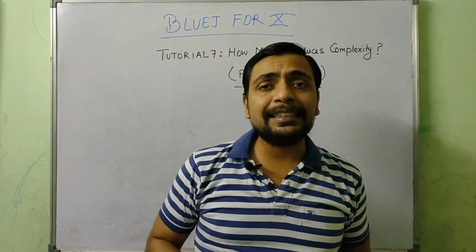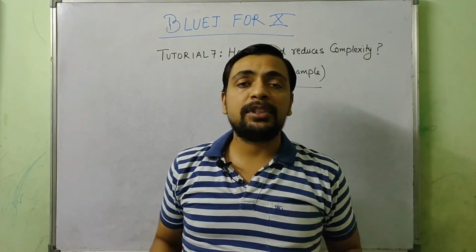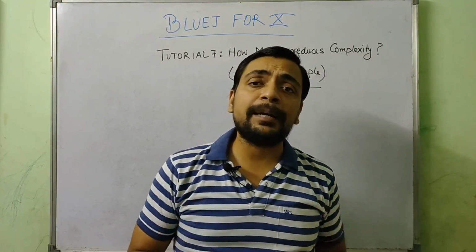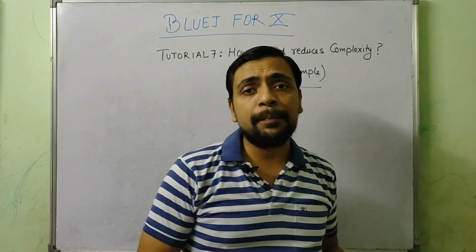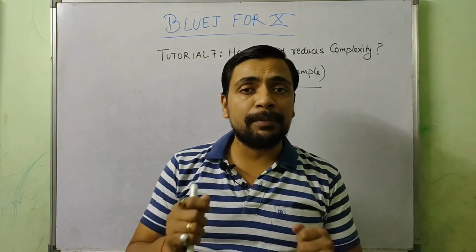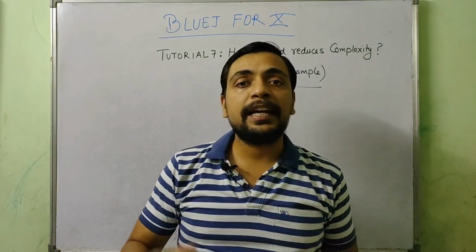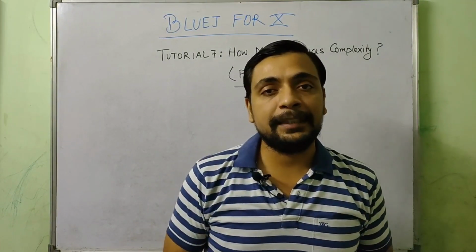To understand this, we are taking two examples of two different programs. We have already attempted these programs in class 9th, but we are going to re-attempt them, and this time we will take help of methods, and then you will understand how a method reduces complexity.